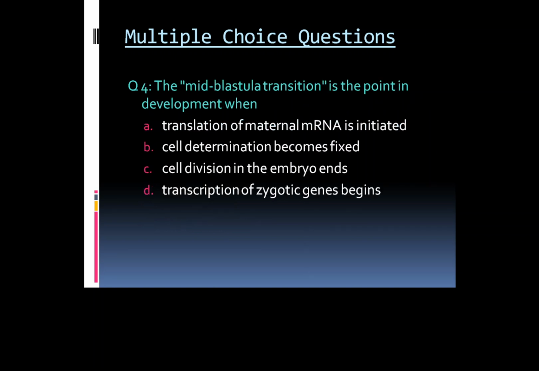Question 4. The mid-blastular transition is the point in development when option A, translation of maternal mRNA is initiated, option B, cell determination becomes fixed, option C, cell division in the embryo ends, or option D, transcription of zygotic genes begins.